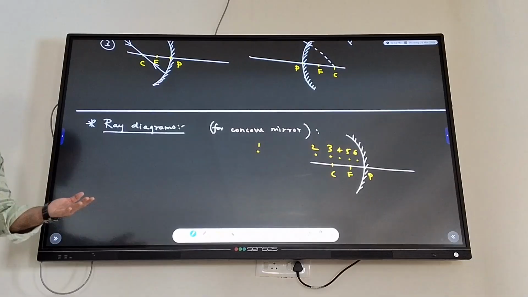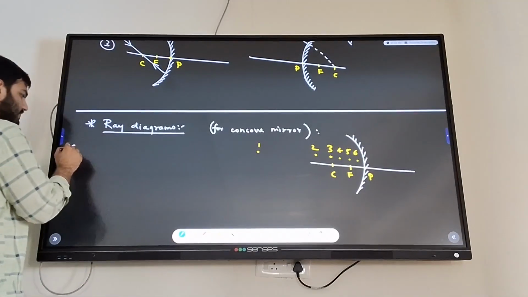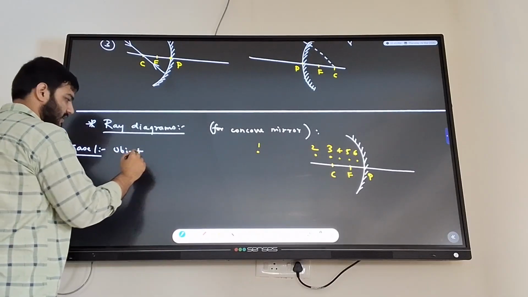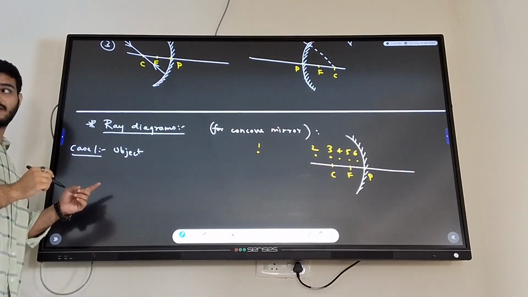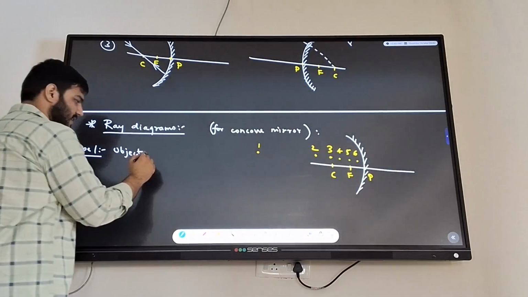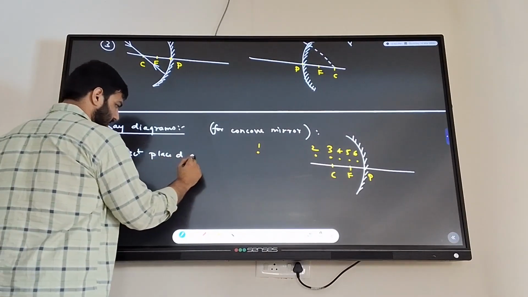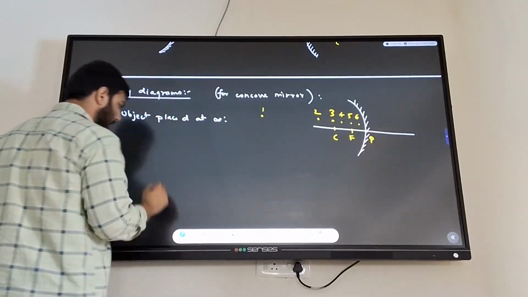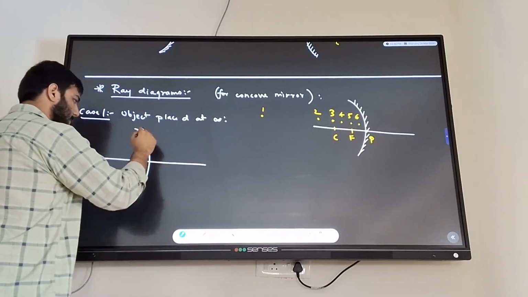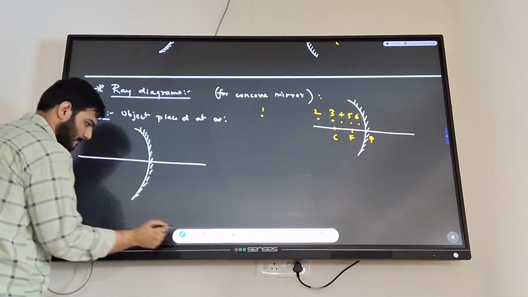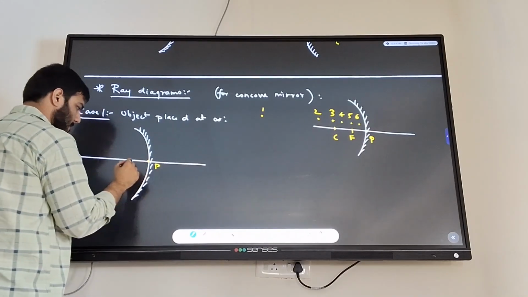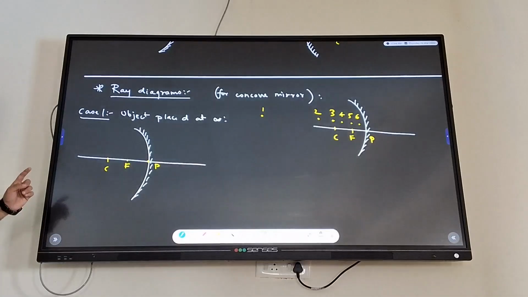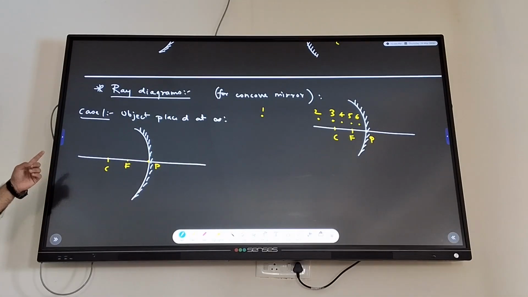Is it understood? Let's take case one. Object, and please be a little fast. Please try to stay with me. At infinity. If your object is placed at infinity, then from where will the rays come?